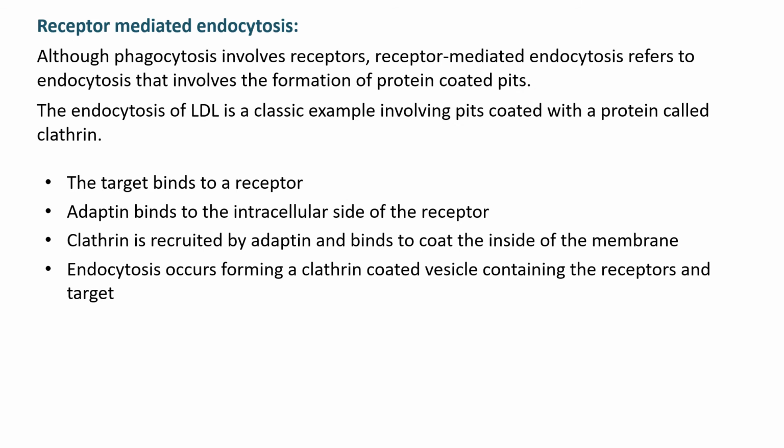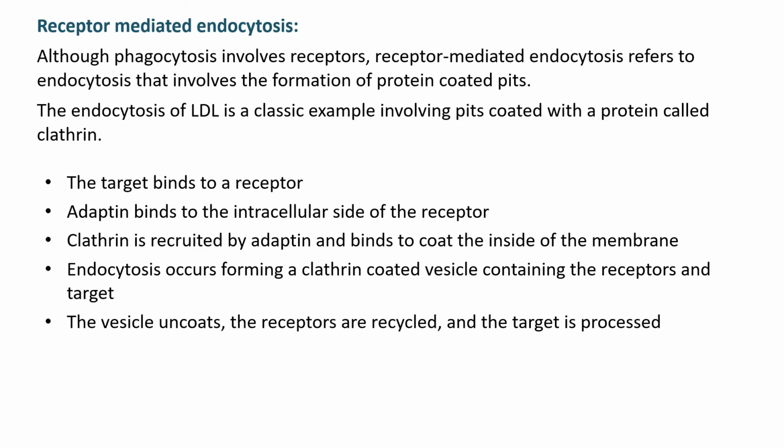So when endocytosis fully occurs, what you get is a vesicle coated in clathrin. That vesicle contains both the receptors and the target. The vesicle uncoats, the receptors are recycled back to the plasma membrane, and the target is processed in whatever way is most appropriate for that solute, that substance.